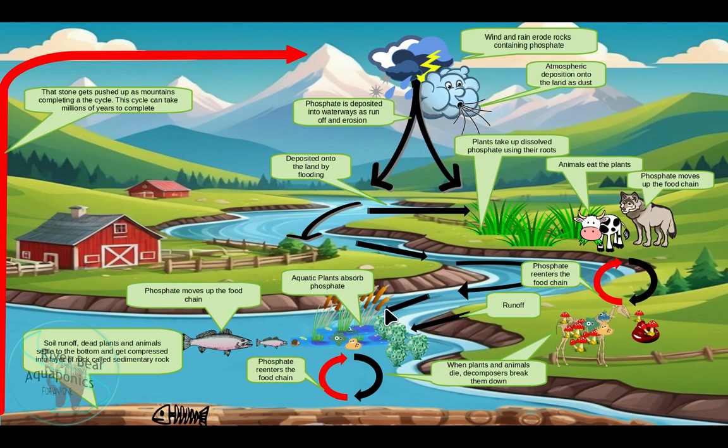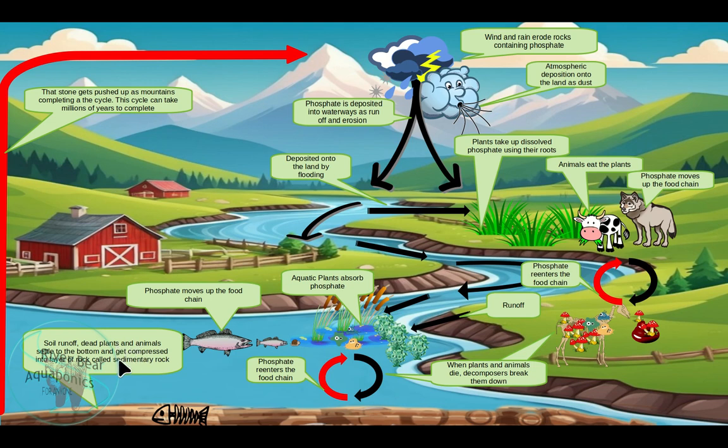The phosphorus that ends up in our waterways and out to the ocean gets used by aquatic plants. Those get eaten by different things, and phosphorus moves up the food chain, where things again die off, get decomposed and recirculated. Some of that will end up as soil containing phosphorus.